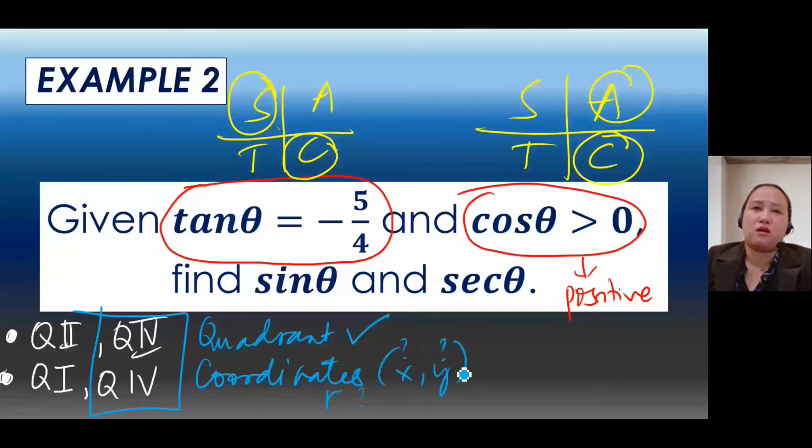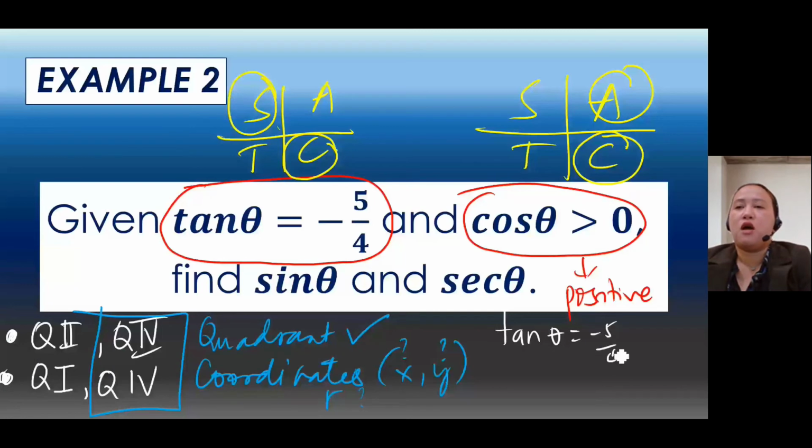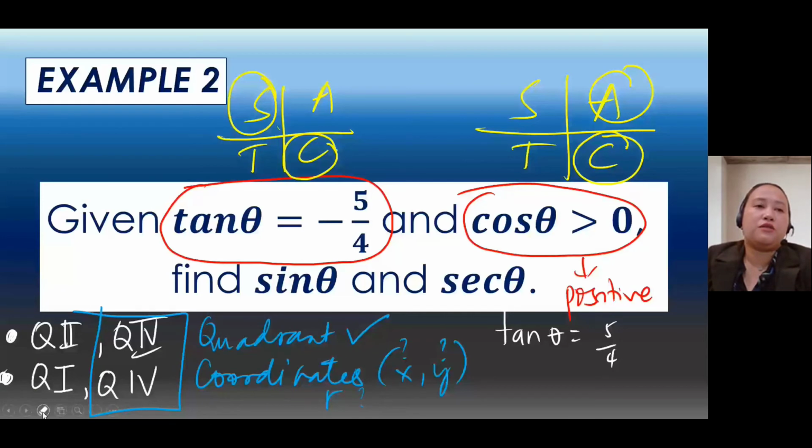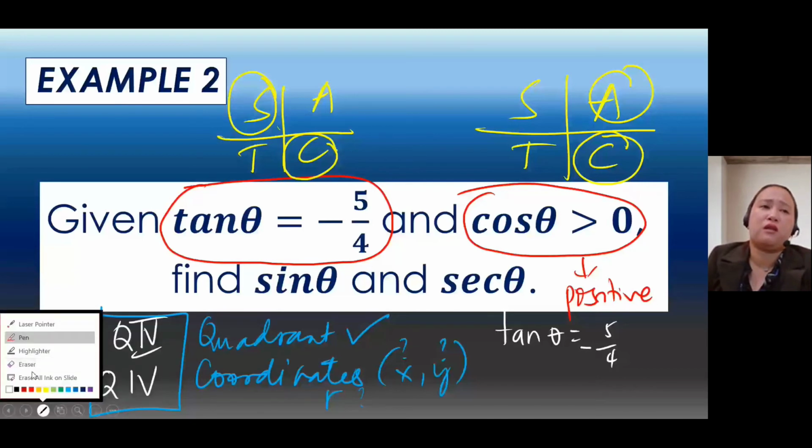Okay, so these are question marks. We're going to take a look at the given -5/4 here for the tangent. Since we have the given tangent theta equals -5/4, just remember that we do not know if the negative is on the numerator or denominator, so you just put it in between.